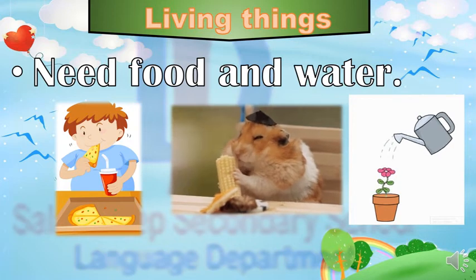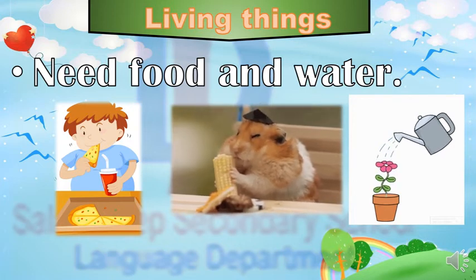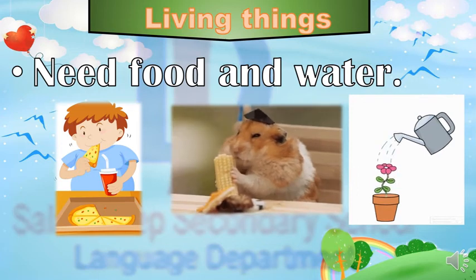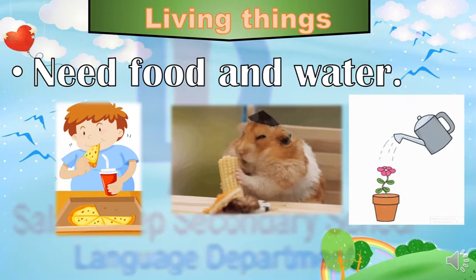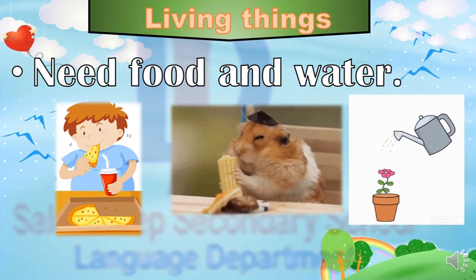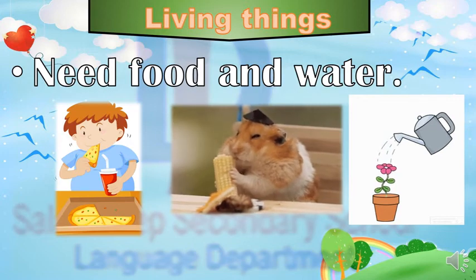What is the food for the plant? The food for the plant is the sunlight. The leaves of the plant take the sunlight and turn it into food.